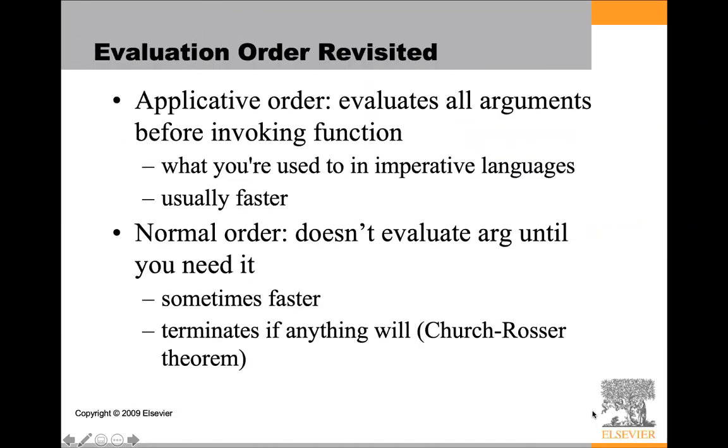So there's 2 ways of evaluating arguments when you invoke a function. What's called applicative order means you evaluate all the function arguments before you invoke the functions. And this is what happens in imperative languages. And then there's normal order, which doesn't evaluate an argument until you need it.